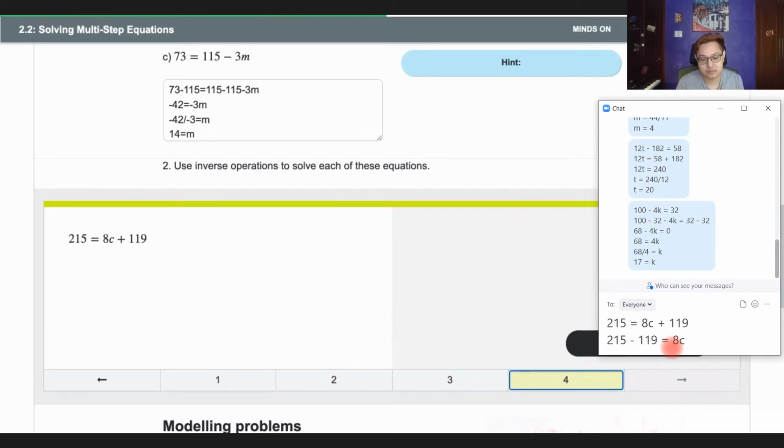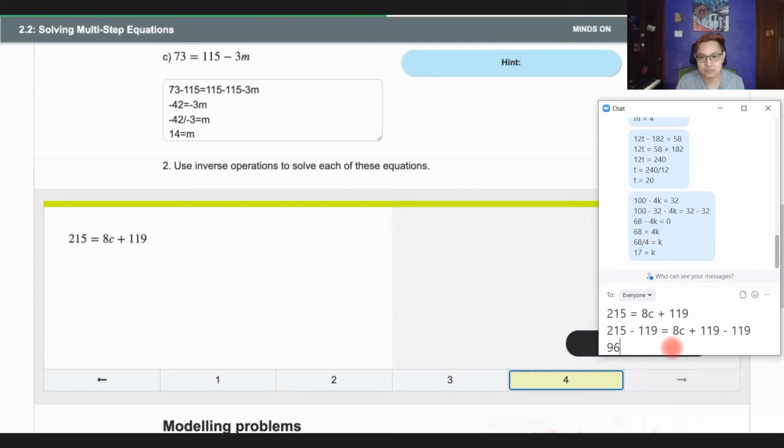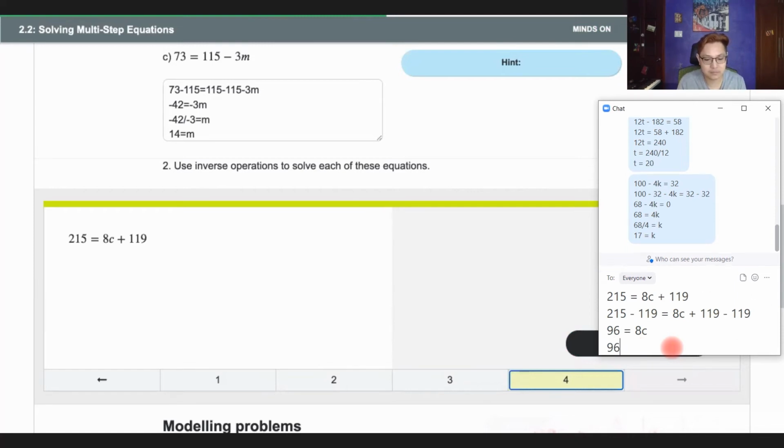You bring the 109 over and take 215, subtract it by 109. It becomes 96.